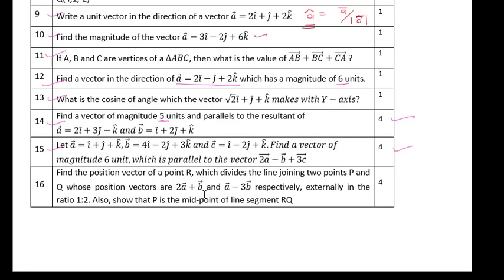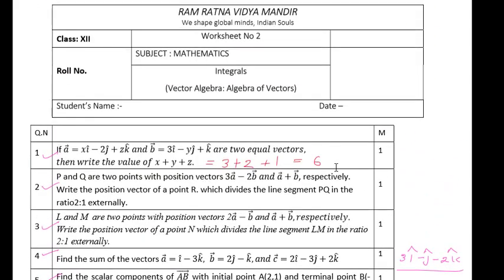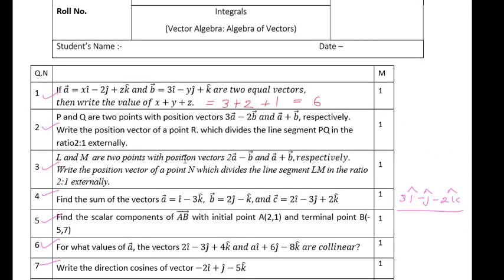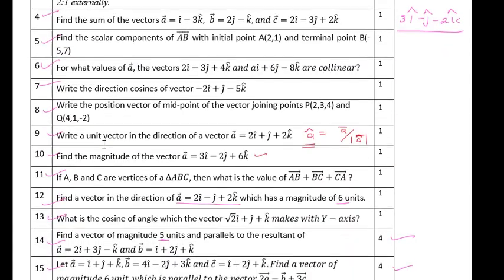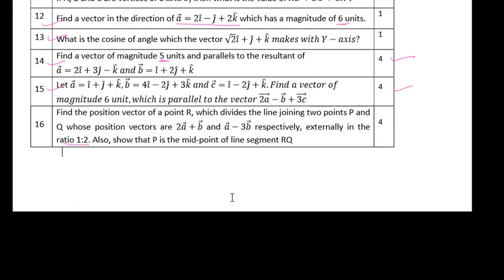Find the position vector of point R which divides the line joining P and Q, whose position vectors are 2A plus B and A minus 3B respectively, externally in the ratio 1:2. Till here your problem is the same as we have discussed in questions 1, 2 and 3. Also show that P is the midpoint of segment RQ.